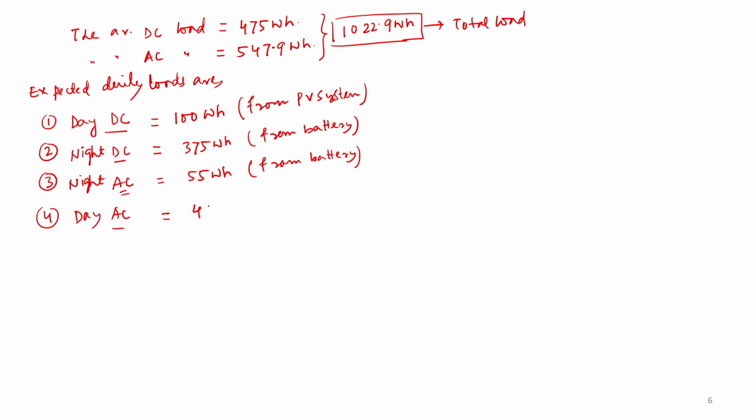This is 492.9 watt hour, calculated as 2250, 1200 divided by 7, and this is from the PV system through the inverter.